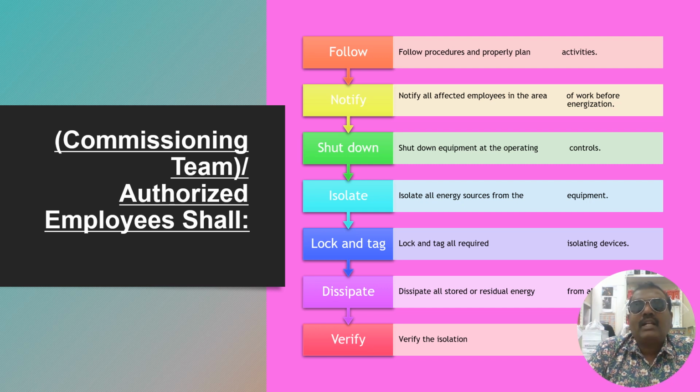Or if it is electrical, we should use the earth rod to earth all the electrical lines, then we can go for the job. So that is to verify the isolation. After the isolation, we need to check as per the single line drawing whether we have done it or not, as per the requirement. Those are a few examples.